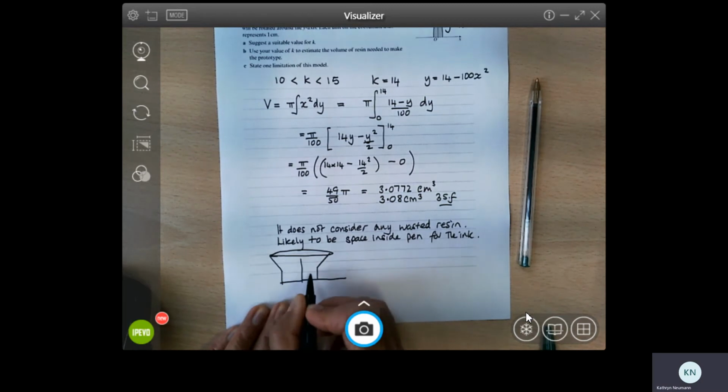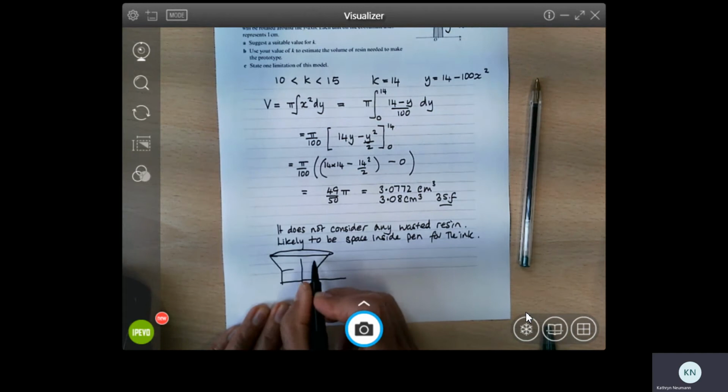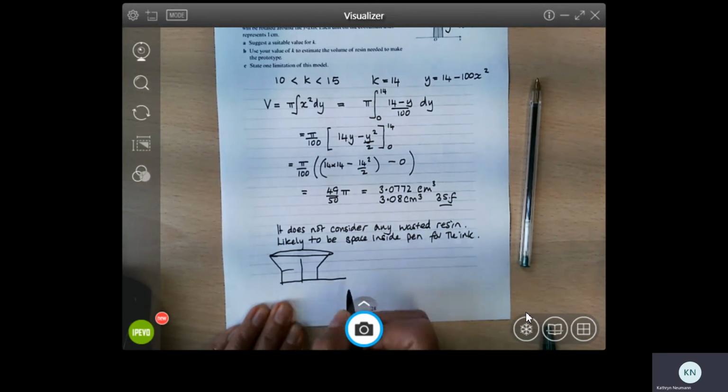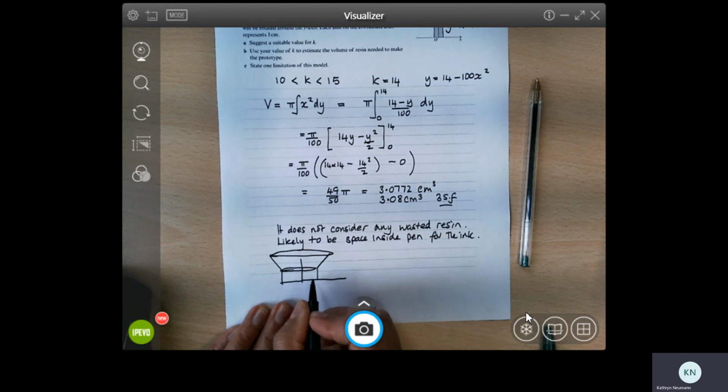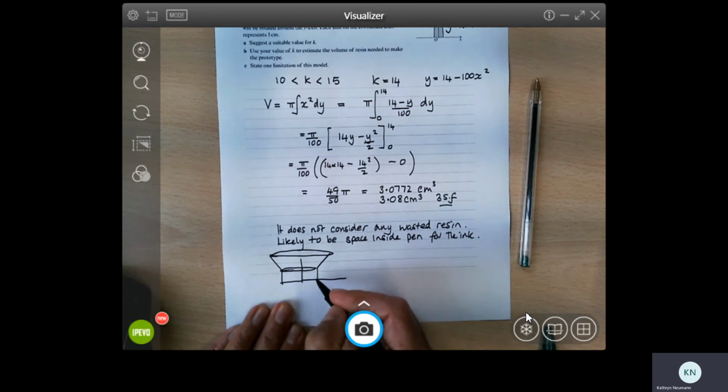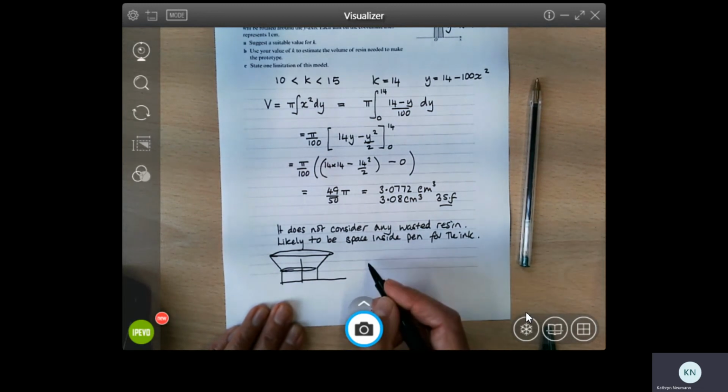If you did that, you might have two sections to your volume. You might have to work out a volume for the top section and a volume for the bottom section and add them together. You might need to use the formula for the volume of a cylinder for the bottom here. You wouldn't have to do integration for that. So you need to draw a diagram for the separate parts and then add them together.